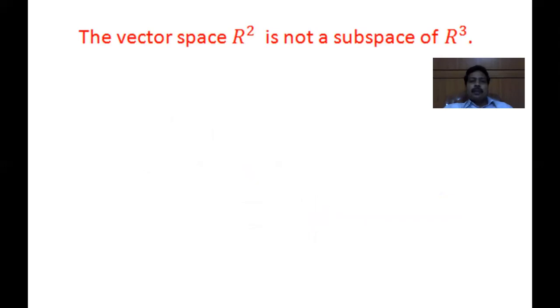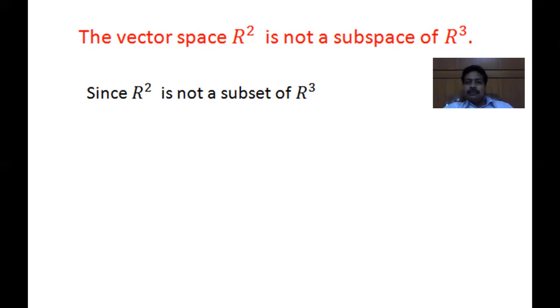This is another example. The vector space R2 is not a subspace of R3. Already we have seen that Rn is a vector space for any n greater than or equal to 1. So R2 is a vector space, R3 is another vector space. But R2 is not a subspace of R3. Why? Since R2 is not at all a subset of R3.